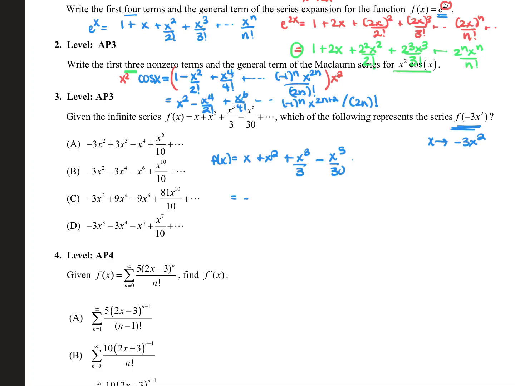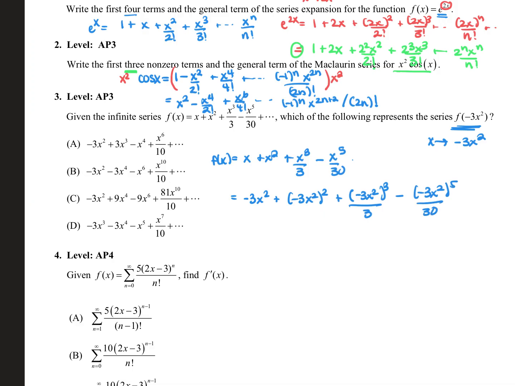So this will be -3x squared plus (-3x squared) squared plus (-3x squared) cubed minus (-3x squared) to the fifth.